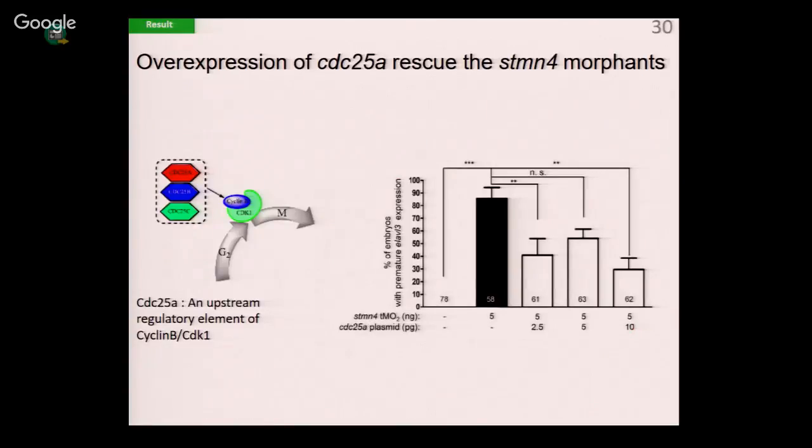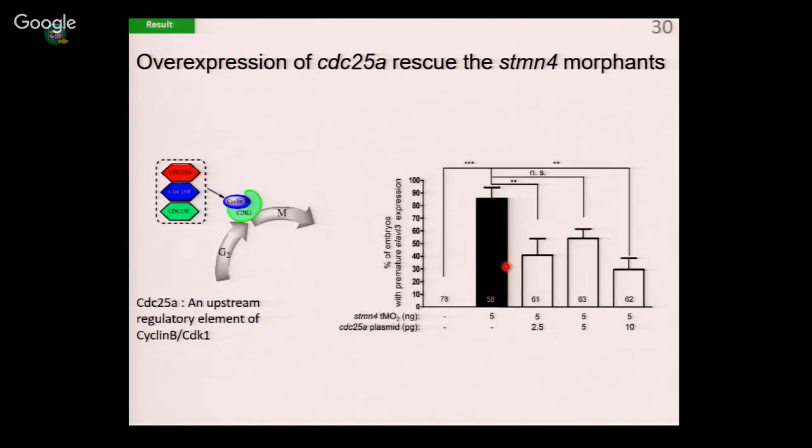To further investigate the relationship between STEM4 and cell cycle, the authors chose to look at CDC25A, which is an important protein at the G2M checkpoint. They tried to overexpress CDC25A by introducing the vector of CDC25A into cells and investigated the expression of cells within STEM4 T-morpholino 2. We can see in this graph, STEM4 T-morpholino 2 used to have a high percentage of premature LFO3 expression.